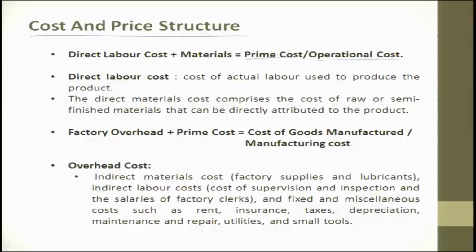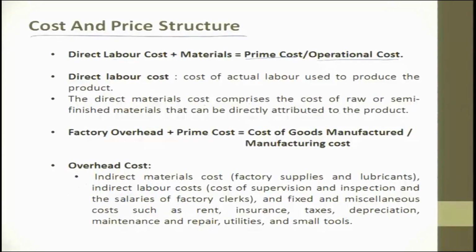People look for automation and robotics as a big field in which they try to replace human labor. The direct material cost comprises the cost of raw material or semi-finished material that can be directly attributed to the product.